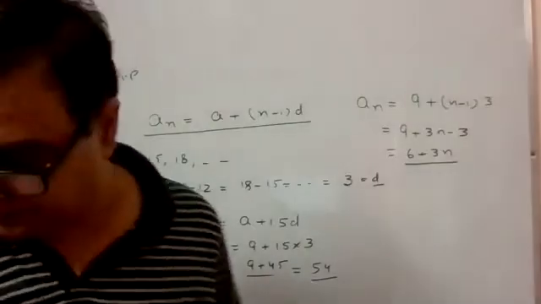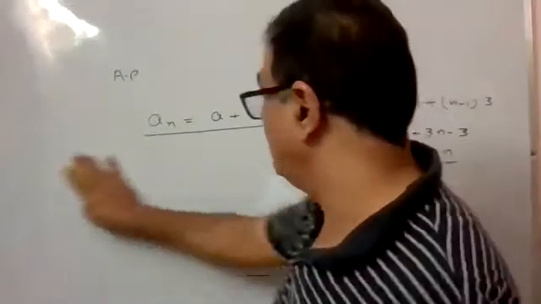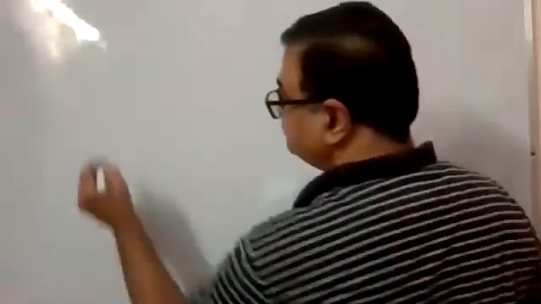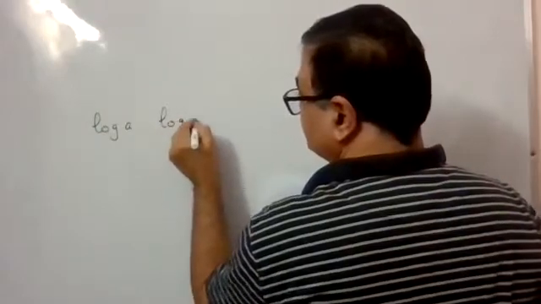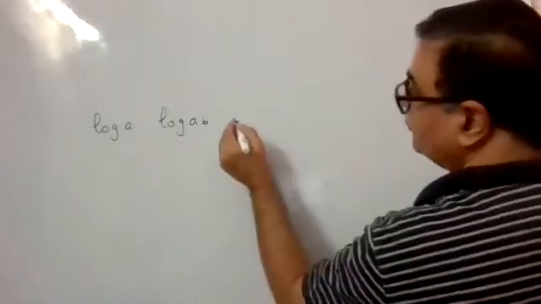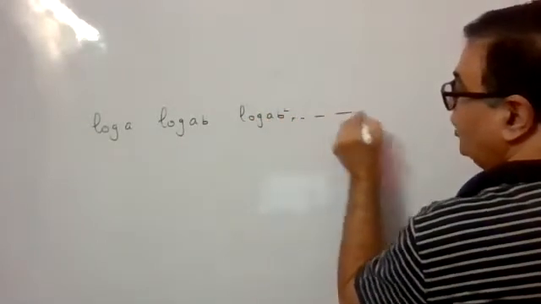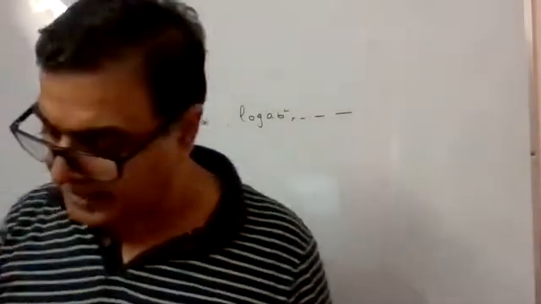Next question, please. Show that log of A, log of AB, log of AB square, and so on, is an AP, and find its nth term.